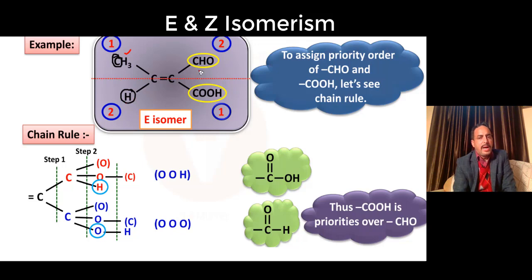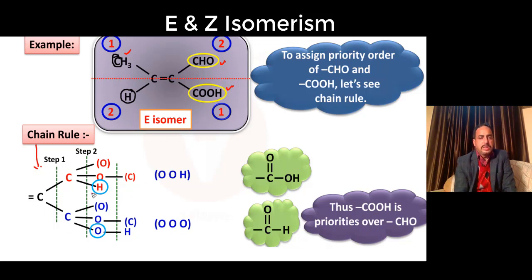Now we will move towards the right hand side, to assign priority in CHO and COOH group. We have to again check the chain rule. In the chain rule, we will write this group in the expanded form.